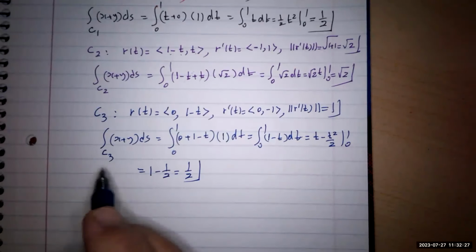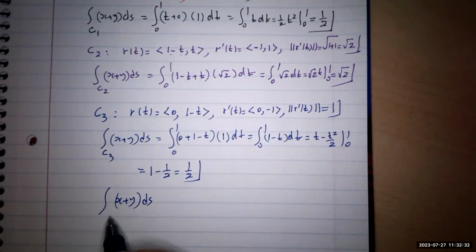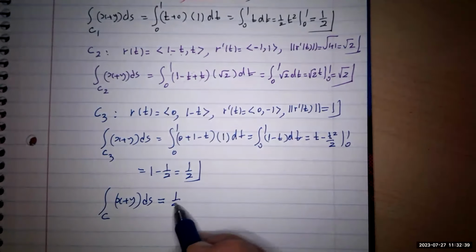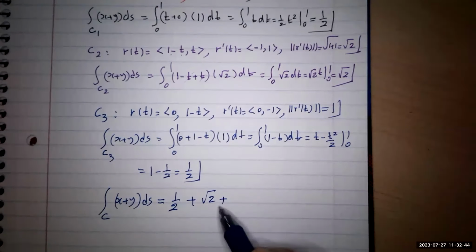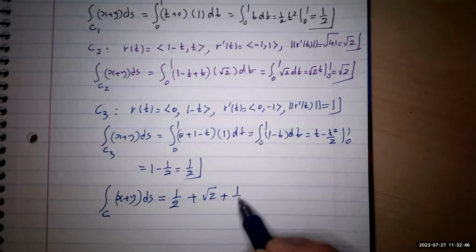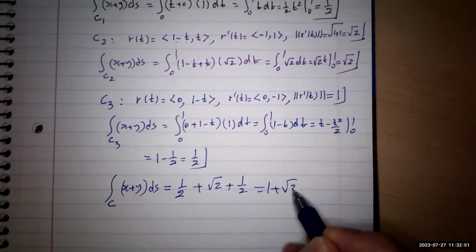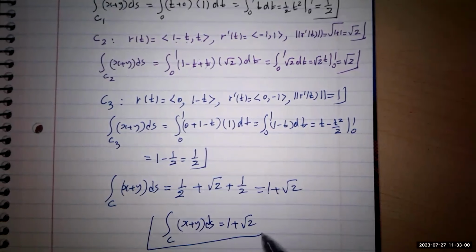So the conclusion, the integral of x plus y ds over C is equal to, over C1 we get 1/2, over C2 we get radical 2, and over C3 you get 1/2 again. So 1/2 and 1/2 would be 1, so that gives 1 plus radical 2. So the integral of x plus y ds along C is going to be equal to 1 plus radical 2, and we are done.